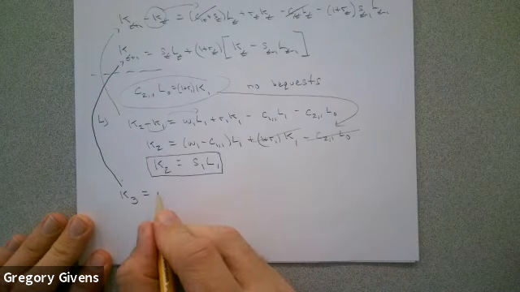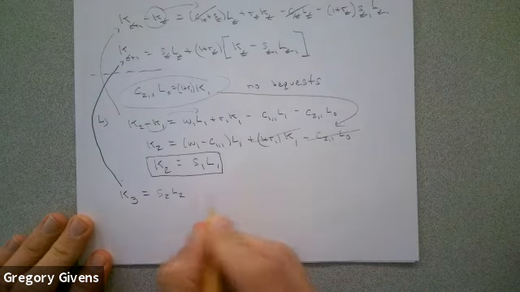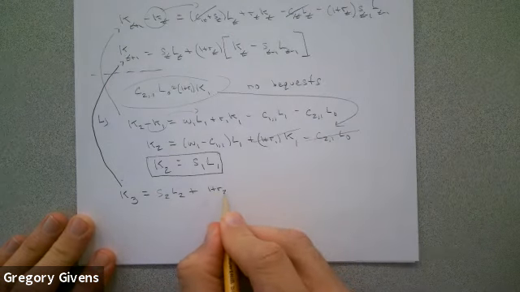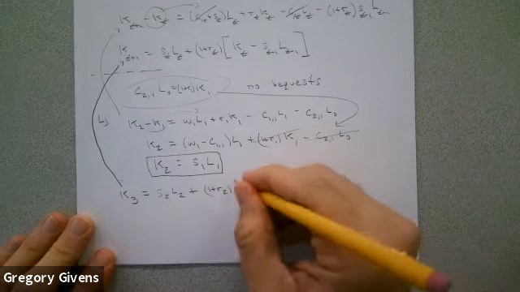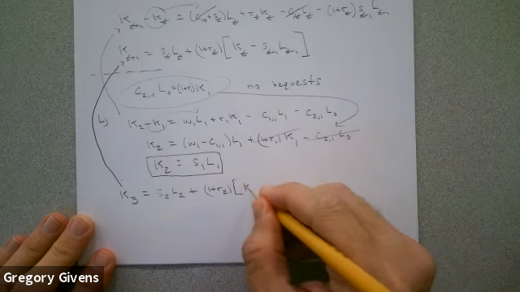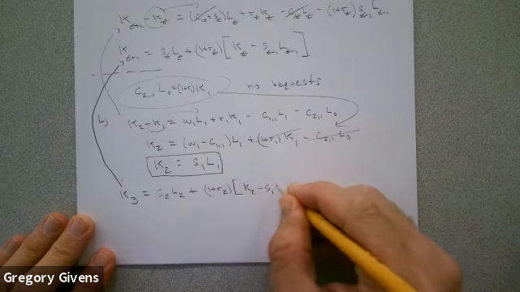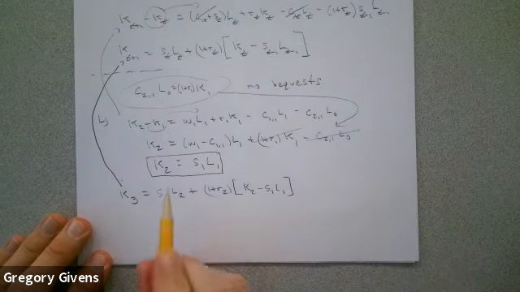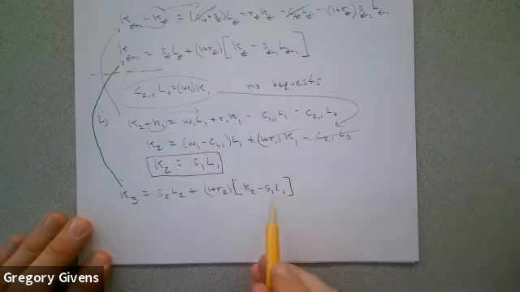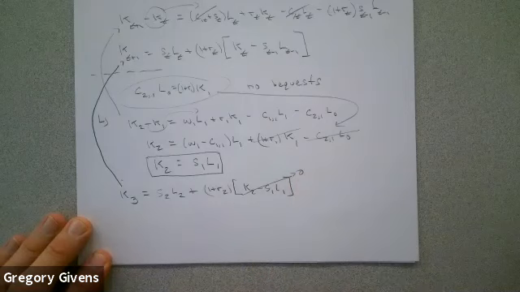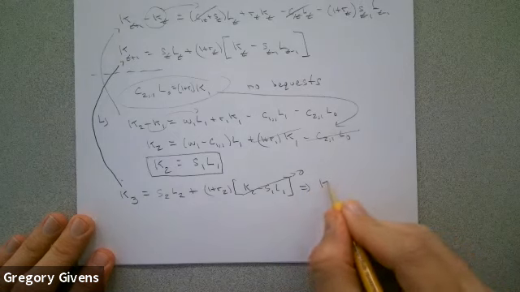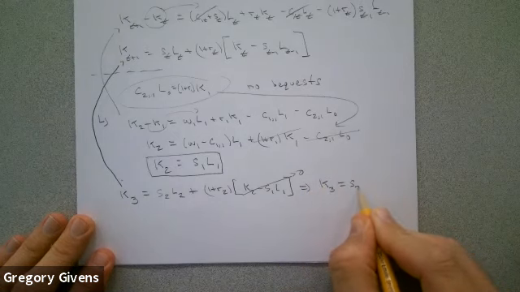K3 is just S2L2 plus (1 plus R2) times (K2 minus S1L1). Well, K2 is equal to S1L1. So that goes to 0, which implies then that K3 is equal to S2L2.